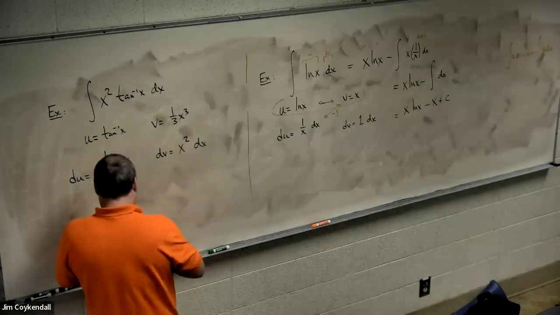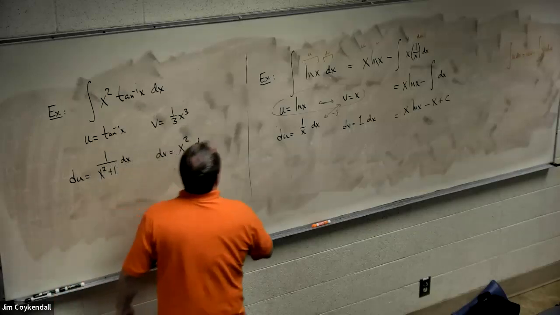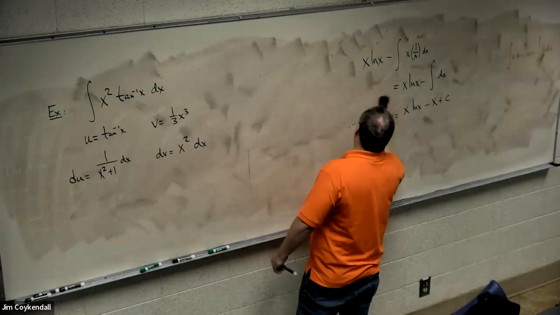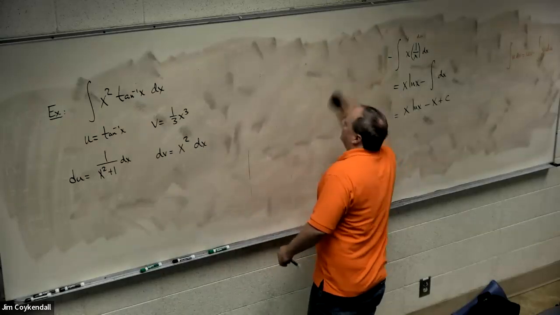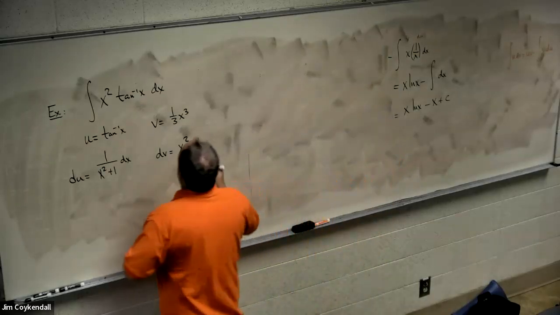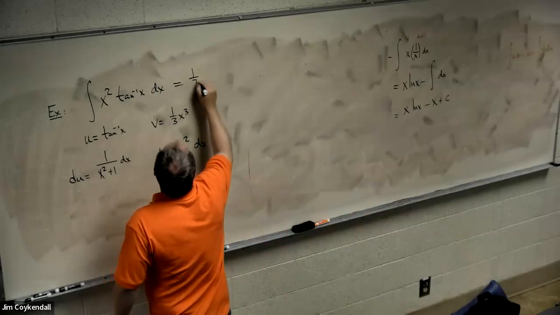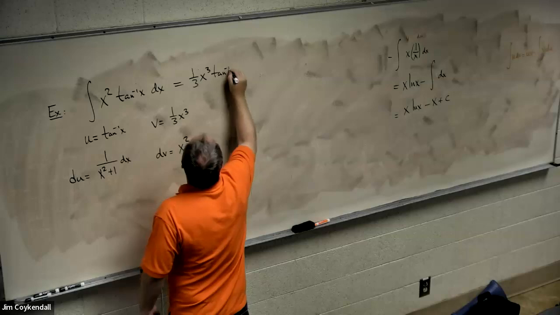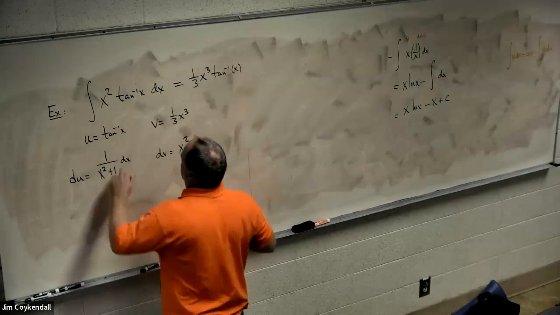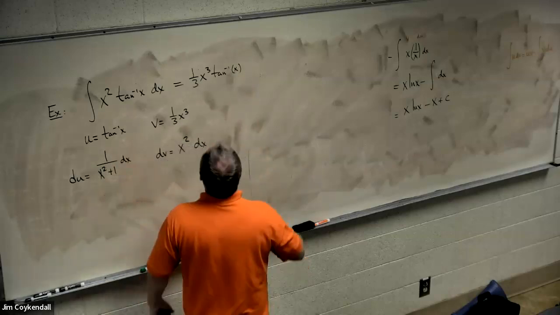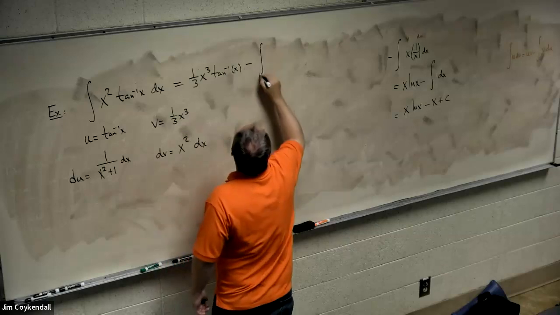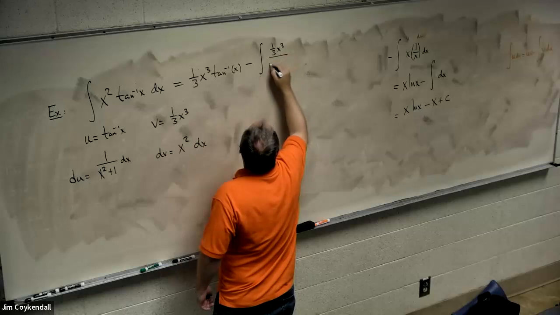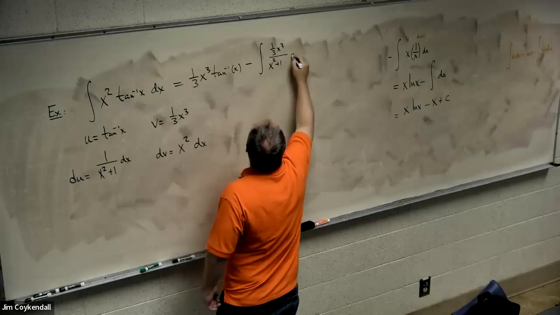So my parts formula tells me over there in orange that it is uv. So it is 1/3 x cubed inverse tangent x minus the integral of 1/3 x cubed over x squared plus 1.